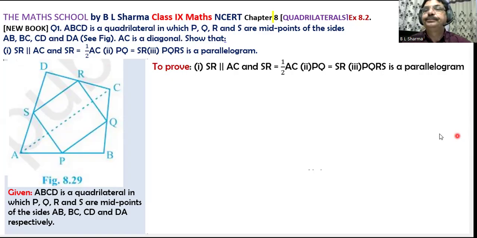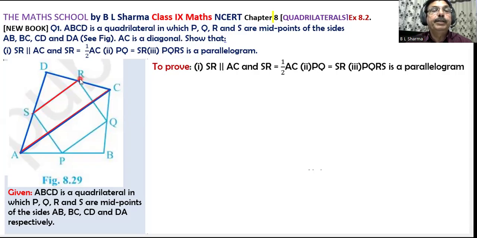How to prove? This S is midpoint of AD. R is midpoint of DC. It is given. And this is AC. So we are taking this triangle DAC. In triangle DAC, S is midpoint of AD, R is midpoint of CD.